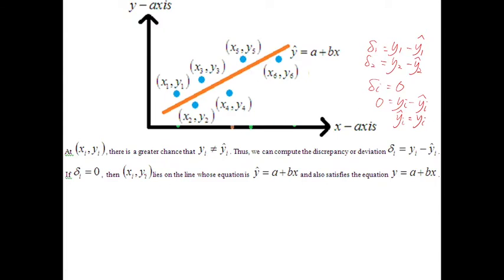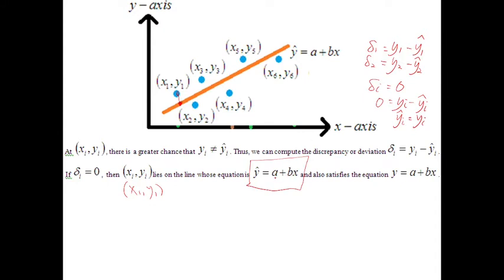So then x sub I, y sub I lies on the line whose equation is y hat equals a plus bx. So sabihin niyan, kung yun ay x sub 1, y sub 1, nandito yung x sub 1, y sub 1, mapupunta doon.